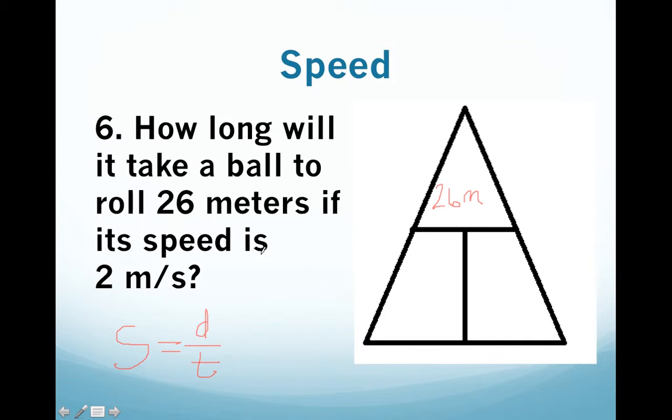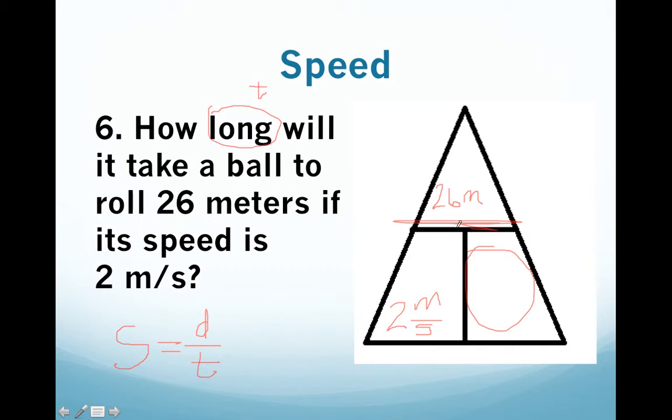meters, okay? And its speed, I know its speed, and speed is right here, so we're going to put the 2 meters per second. Now, I'm solving on this one how long. Long is dealing with time. That's your time. Okay, so this is what we're actually solving for.